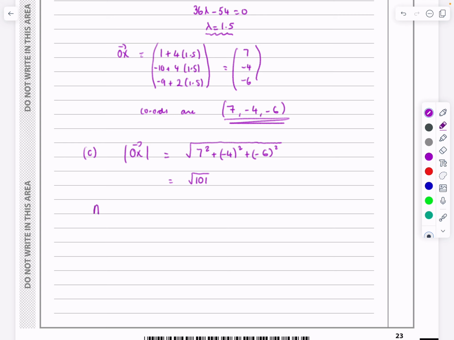So then the area of the triangle is equal to half base times height, which is a half root 101 multiplied by 1. It's a unit length, so that's 1 there, so it just works out to be the square root of 101 over 2.